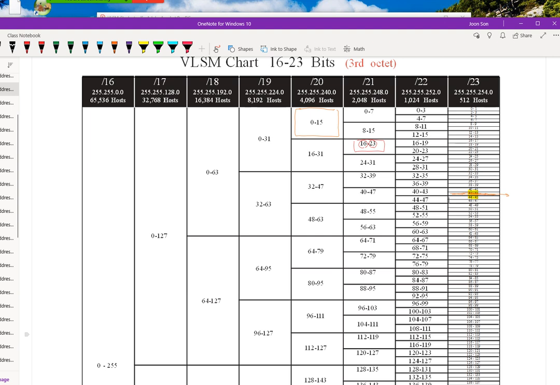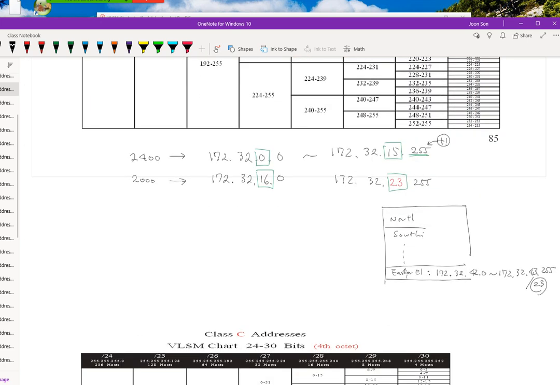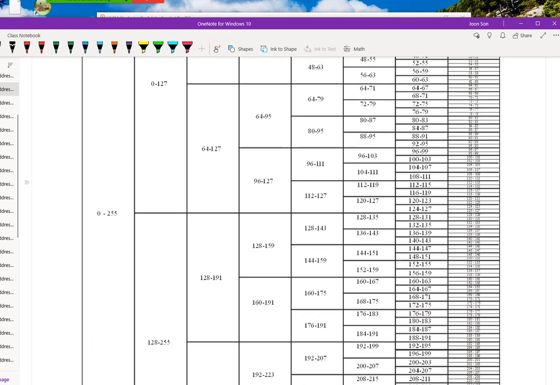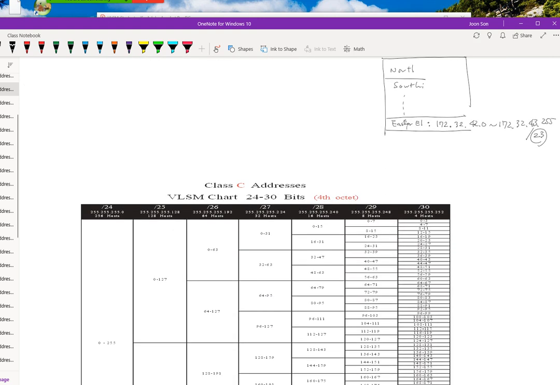And then that's /23. If you look at the /23, it can have up to 512 hosts. This network can have basically 512 hosts with this /23.